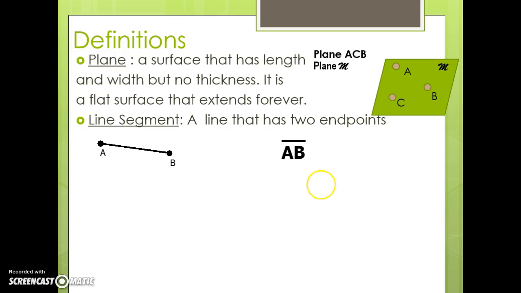You can also call it segment BA, which would be fine as well. The order doesn't really matter on the points. 2 points to name a line, 2 points to name the segment.